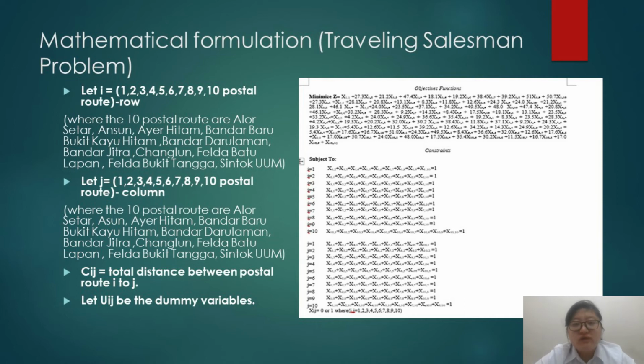J is for the columns, where the 10 postal routes are the same as I. Cij represents the total distance between postal routes I and J, and let Uij be the dummy variable. Most importantly, we need to let I visit node J exactly once.